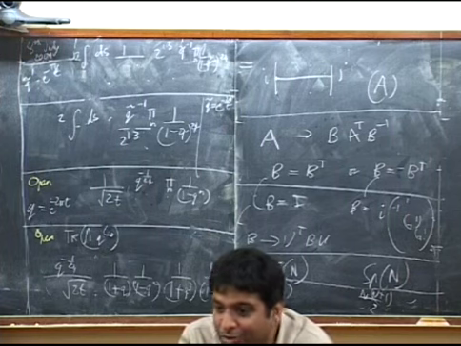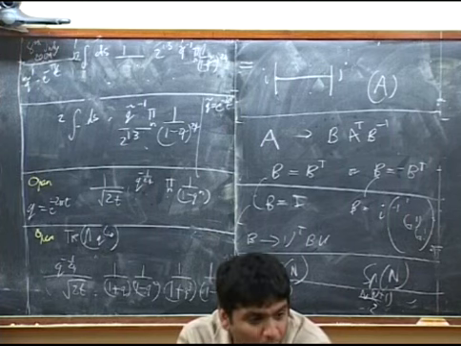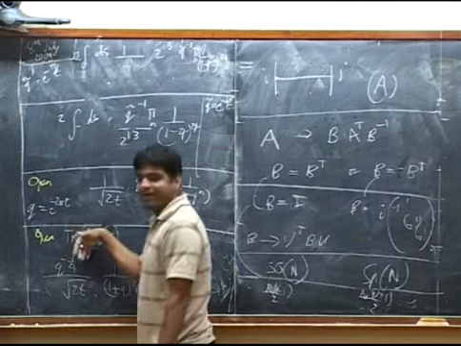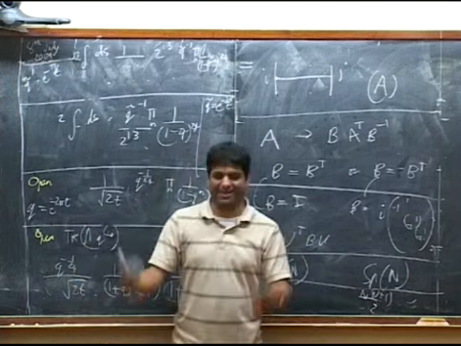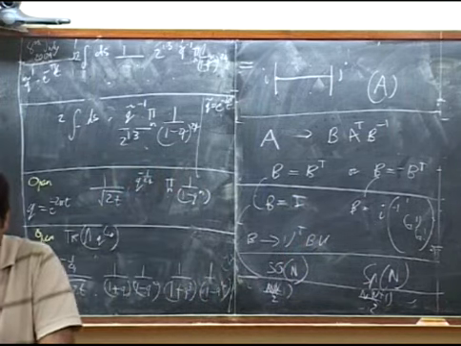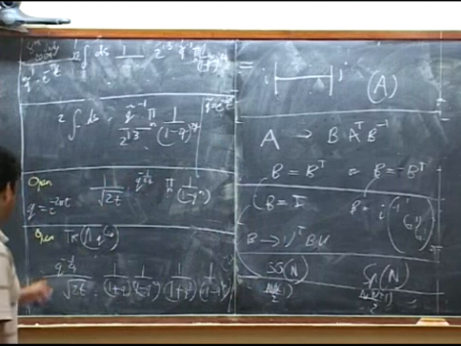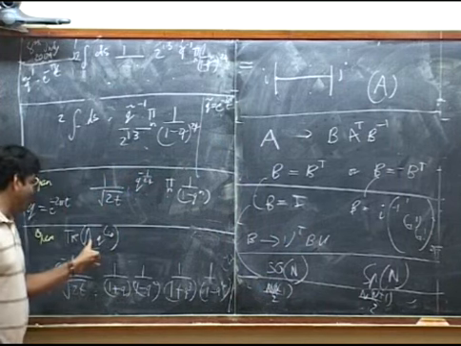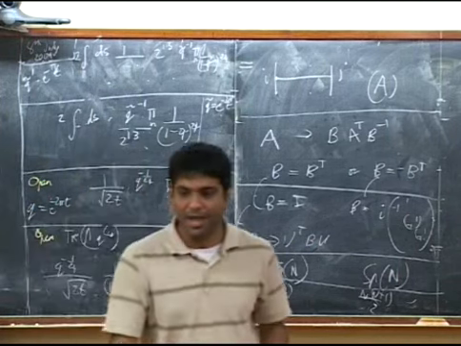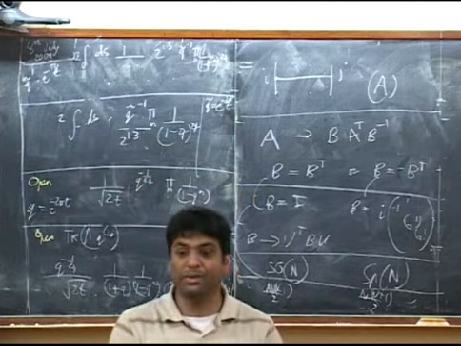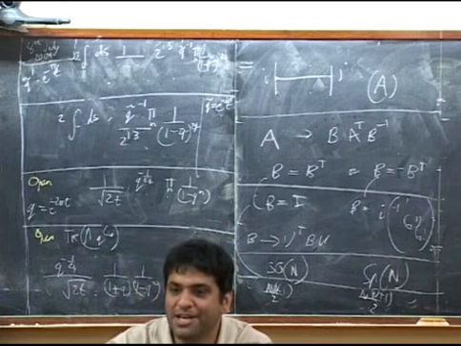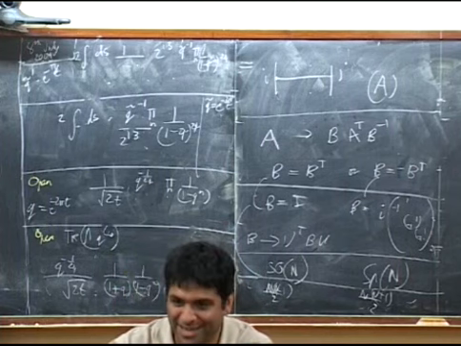If we didn't have this omega factor, we would just get a factor of n squared. But if we do have this omega factor, then some of the Chan-Paton indices contribute with a +1, and some contribute with a -1, depending on what omega is for them.